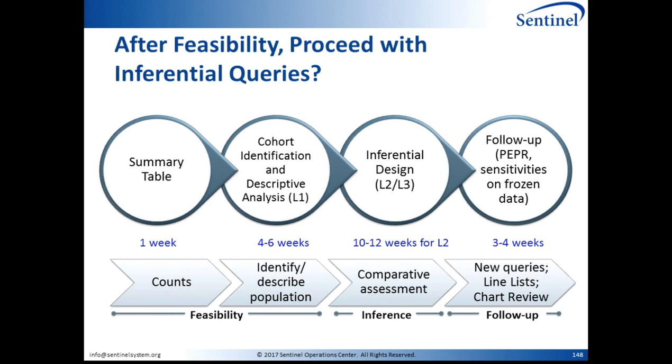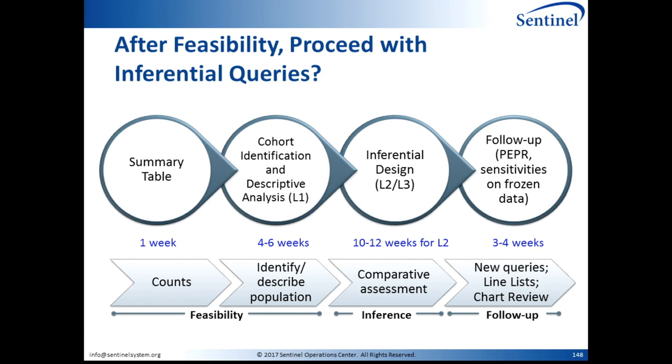Oftentimes the FDA authorizes another party to be an investigator and to execute a protocol on their behalf. And so those are usually principal investigators or epidemiologists at academic centers or at the data partner sites. And in that case, we're returning the results not only to the FDA, but the person who the FDA has asked to be a principal investigator on their behalf for a particular exposure outcome of interest.